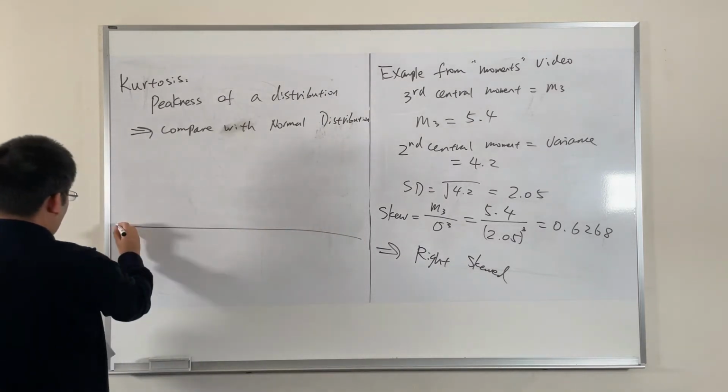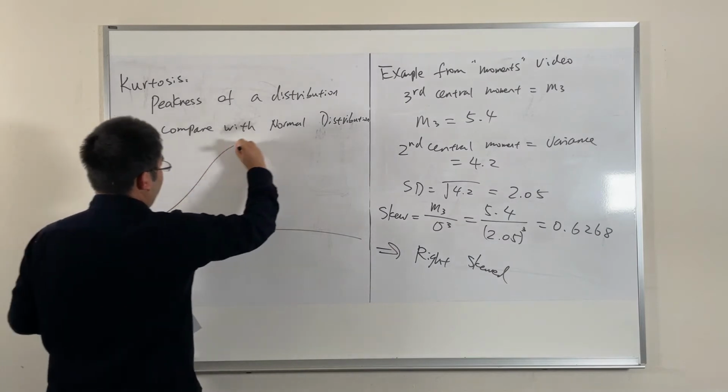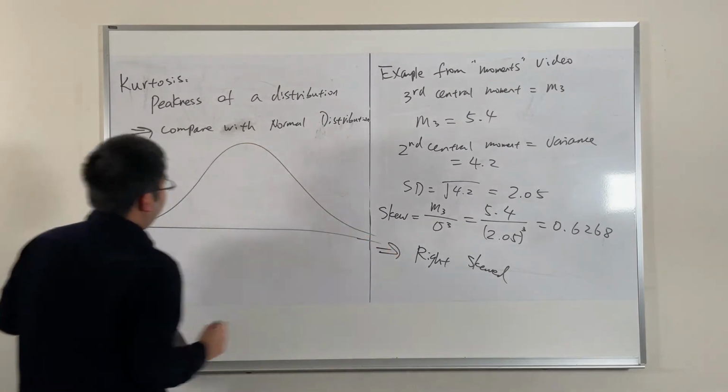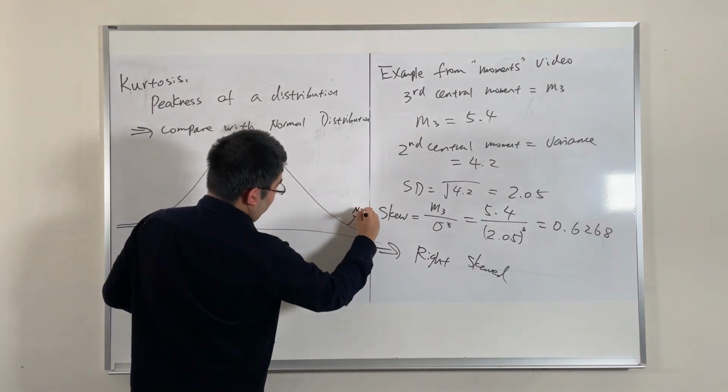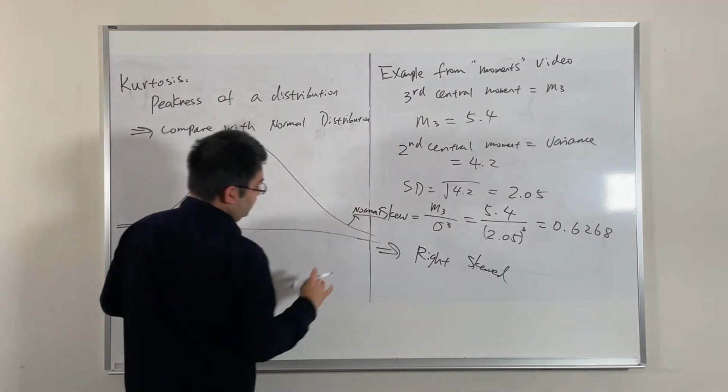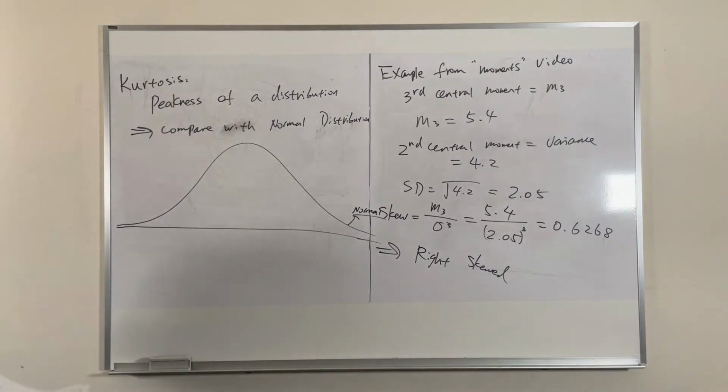The one in the middle, let's say this is the perfect normal distribution.